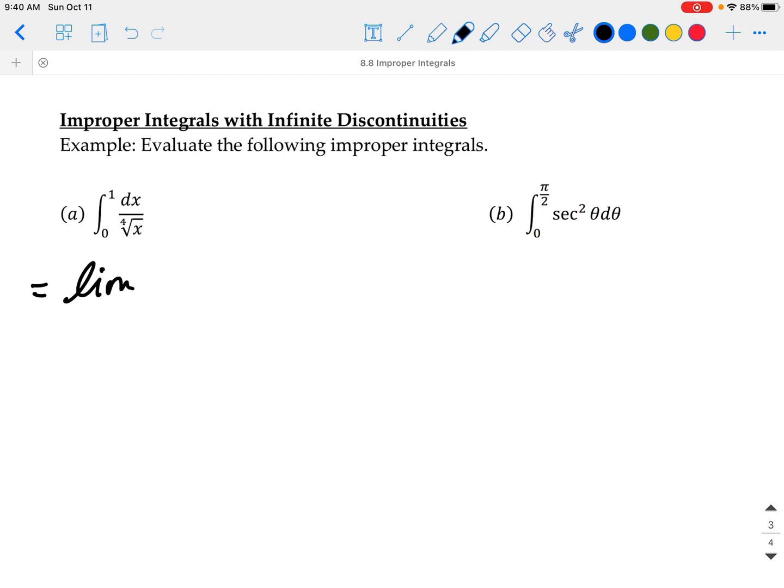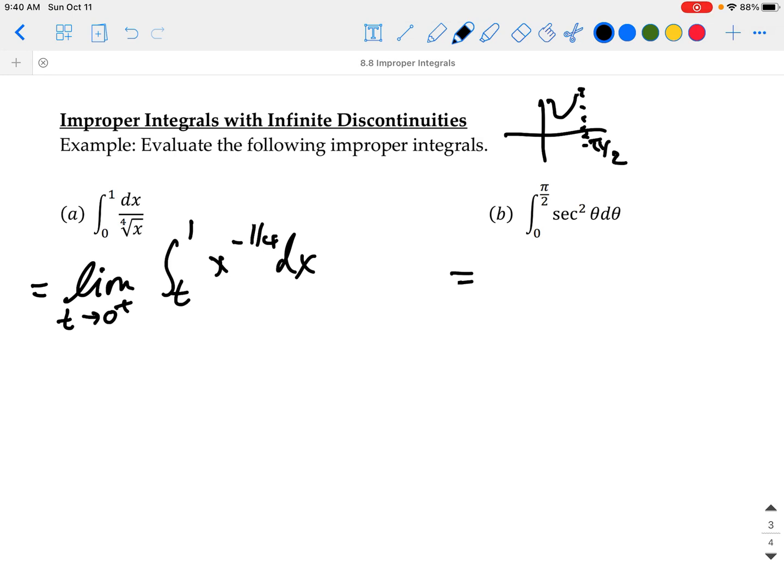For a, I'm going to take the limit as t approaches 0 from the right of the integral from t to 1 of dx over the 4th root of x, or if you want to, simply write it as x to the negative 1/4 dx. For b, now we're going to be interested in pi over 2, since that's going to be undefined for that cosine value.